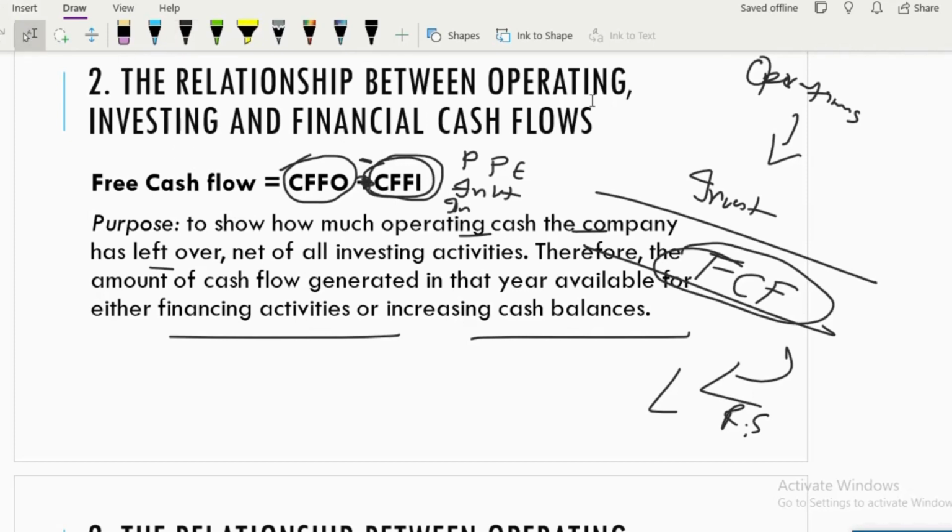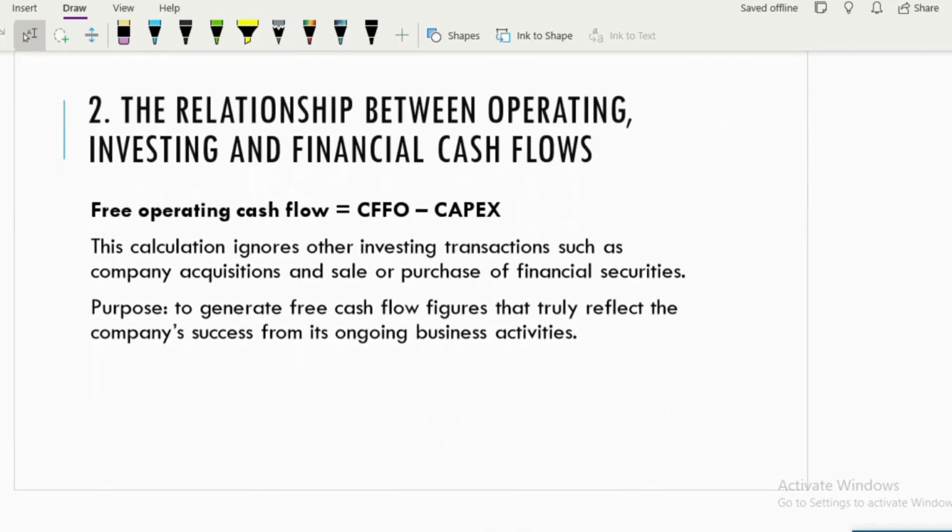If you want to see that, then from the cash flow from operations, we will only be subtracting the capital expenditures, which is expenditure in property, plant and equipment. So what is my free operating cash flow? Cash flow from operating activities minus capital expenditures, capex. This calculation ignores other investing transactions such as investments.